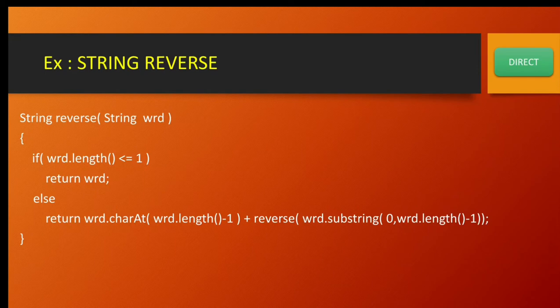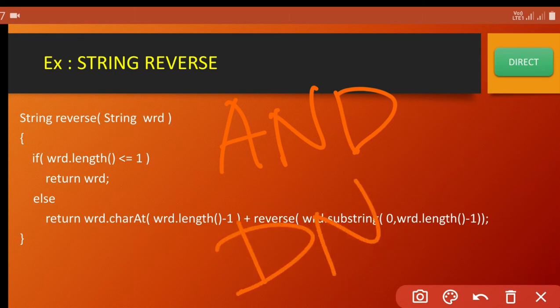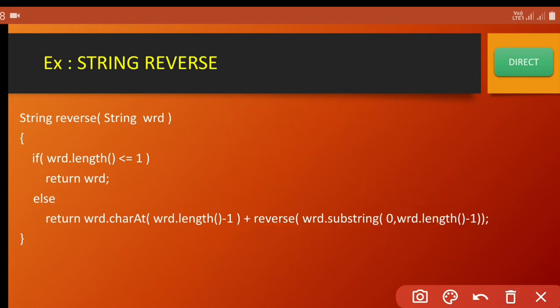Now see, we have a word that is AND. I want to return the reverse of AND, that is DNA. I want to return it back. How is it possible to return that DNA back? Firstly, we have to pick a character.